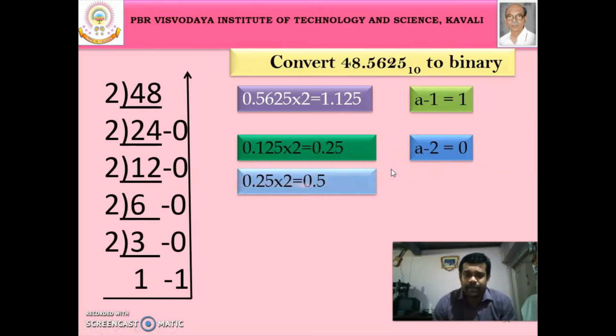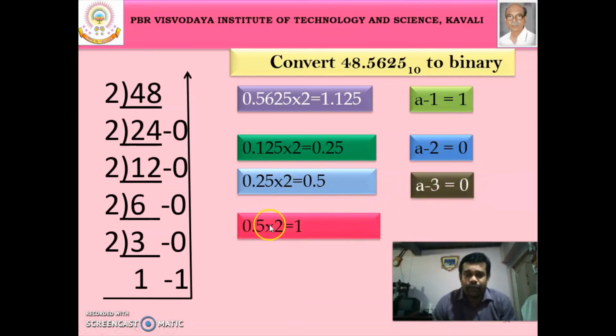Then we are multiplying this 0.25 into 2 and we are getting 0.5. Here the value is 0. So we are taking it as A3. Then 0.5 into 2 is 1. So here the fractional part gets 0. So we are stopping at this point and we have to consider in this direction.